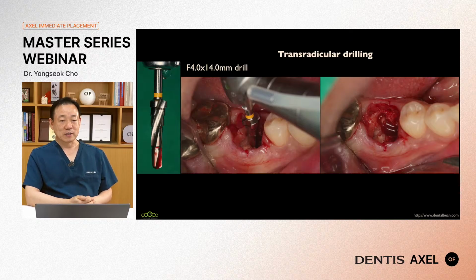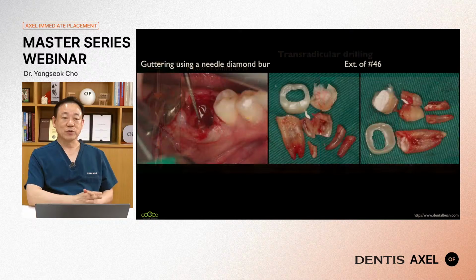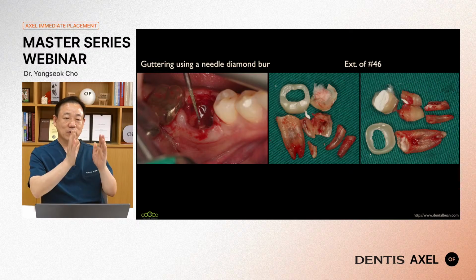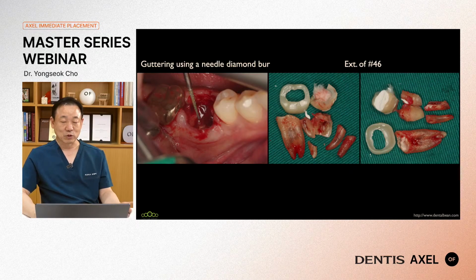However, in some cases, even after transradicular drilling, still it is difficult. In this situation, try guttering around the root with a needle diamond bur, a very narrow, long diamond bur. Guttering can be performed. After this, try to extract the tooth.